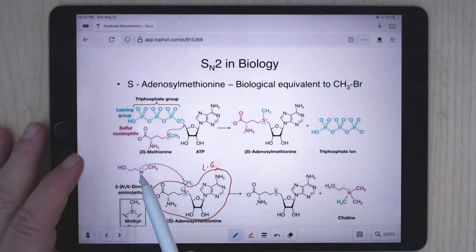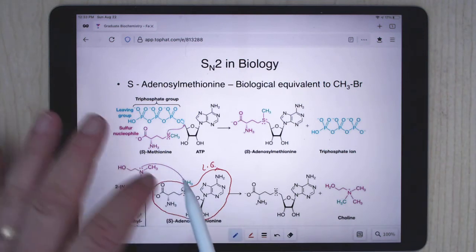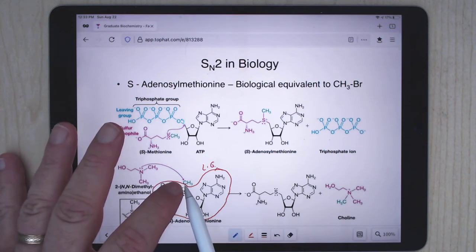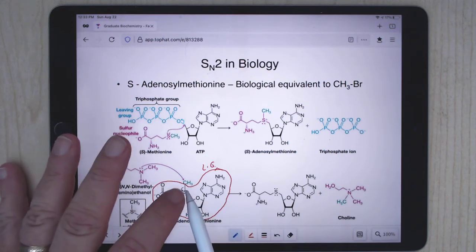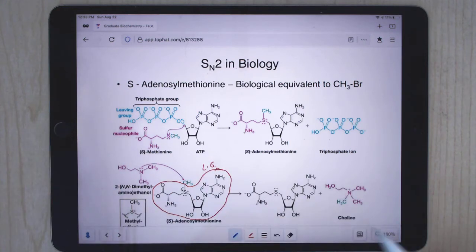So this nitrogen here is going to make a bond with this carbon, and it just pushes this leaving group away to get back to this molecule here, which can then go back and get recycled, because very little in biology is wasted. If you look at something like this, it's just simply an SN2 reaction. Pretty basic. Even though the molecules look really complicated, that's all that's going on here. Mother Nature's a really good chemist.